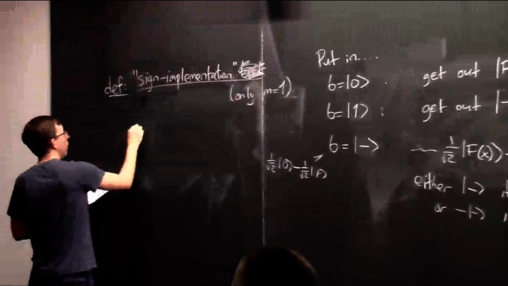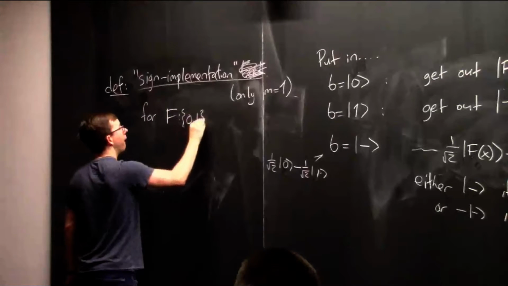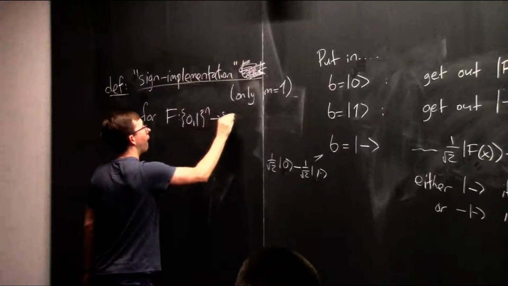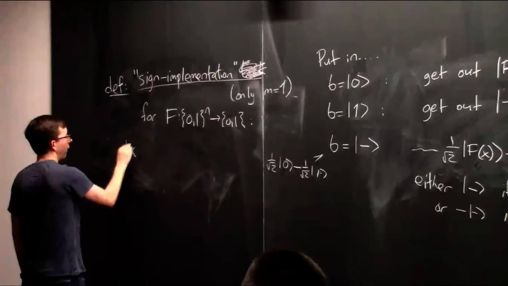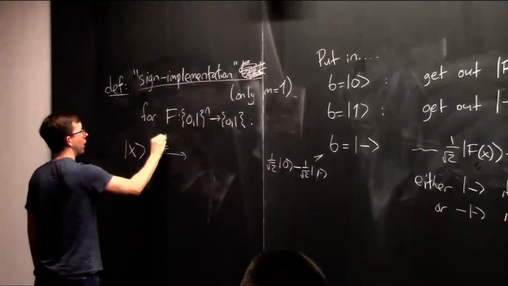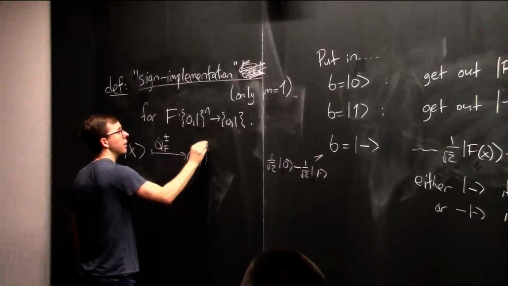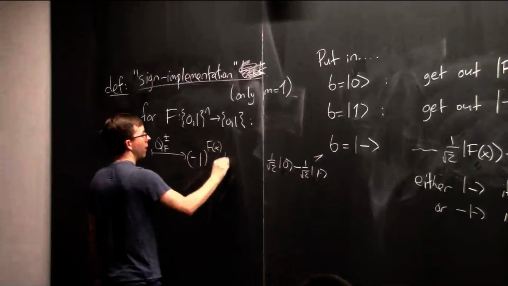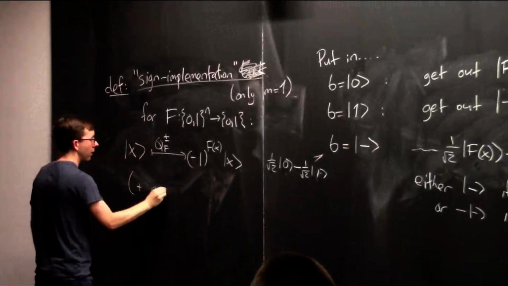For a Boolean function with one output bit, what it means is that x maps to, by your circuit, minus 1 to the f of x times x. OK, plus there's ancilla bits.